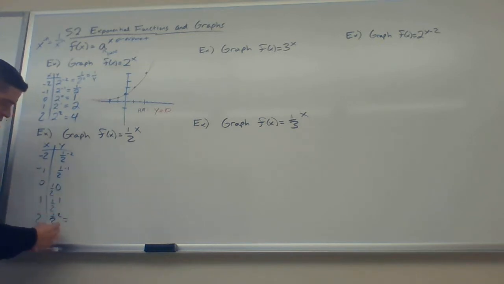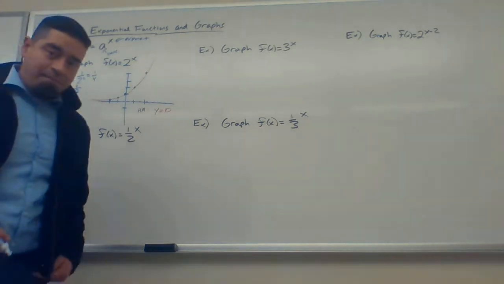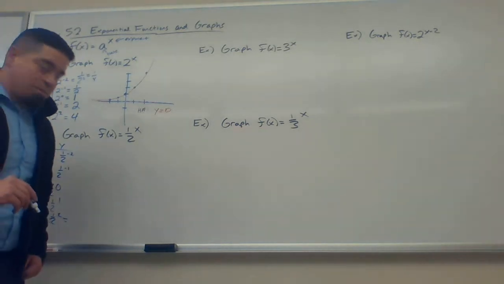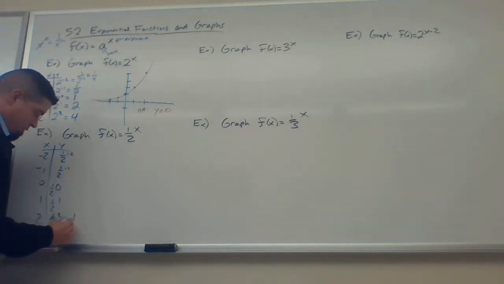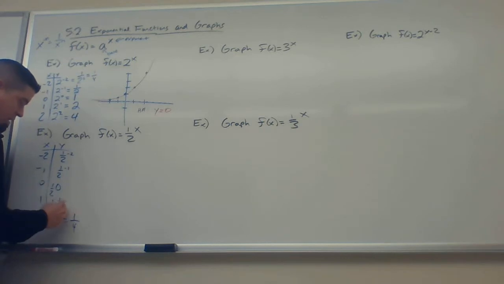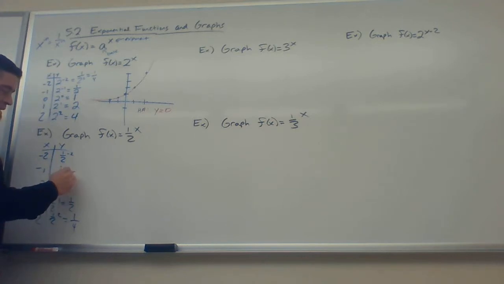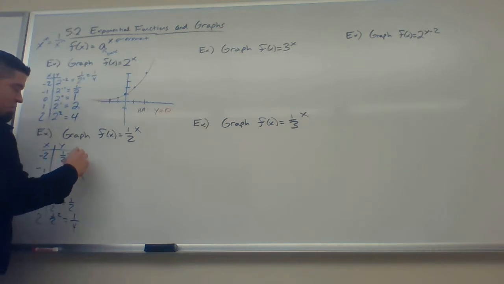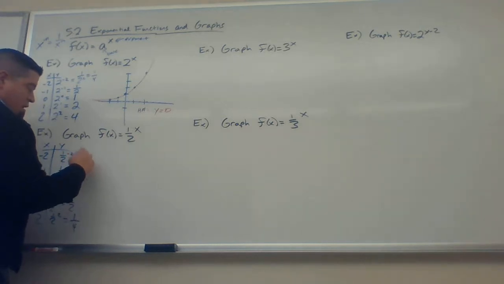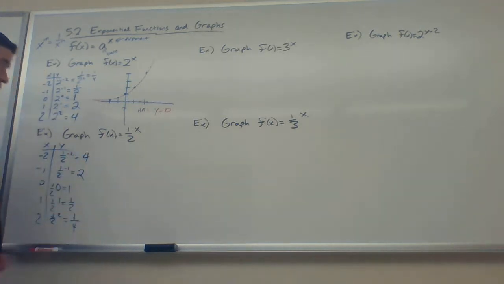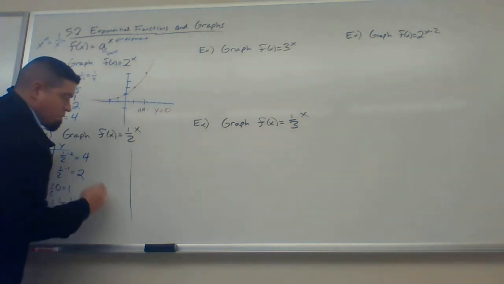I'm going to start at the bottom again. 1/2 times 1/2 is 1/4. 1/2 to the first is 1/2. 1/2 to the 0 is 1. And 1/2 to the negative 1 ends up being the reciprocal, so that's 2. And 1/2 to the negative 2 is the reciprocal, 2 squared, which is 4. So similar numbers.